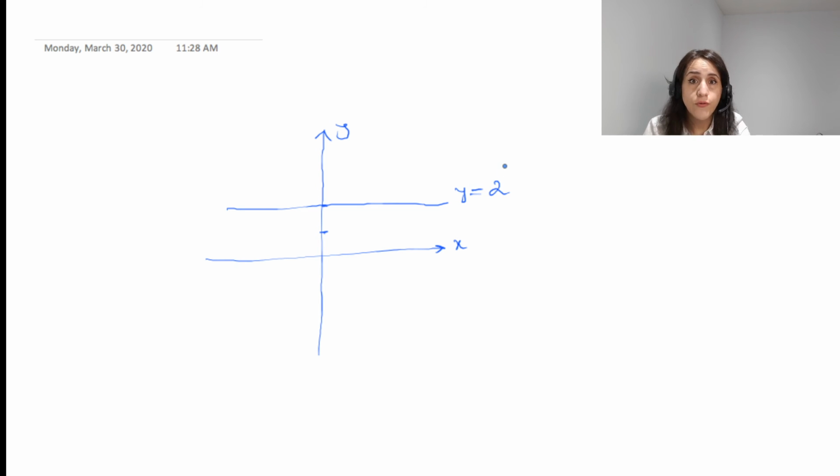You saw this type of graph before, yes? Let's see if it's a function or not. And whether or not it's a function, what are the domain and range for this one? What do you think? Is it a function or not?